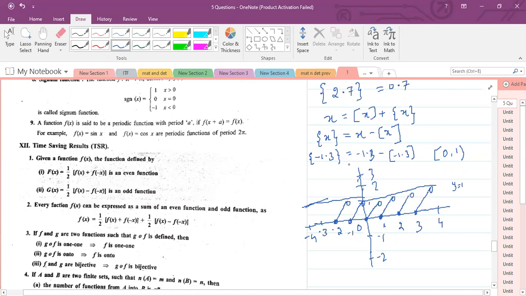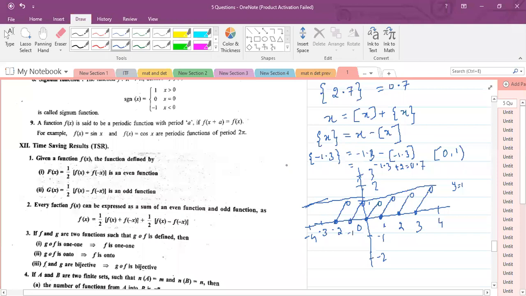So this is equal to minus 1.3 minus the greatest integer of minus 1.3, which is minus 2. So minus of minus becomes plus 2. Therefore, it becomes 0.7. Clearly you can observe all values lie between 0 and 1. Okay, so this is how you can find the fractional part of negative numbers also.